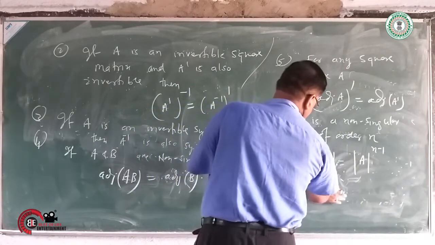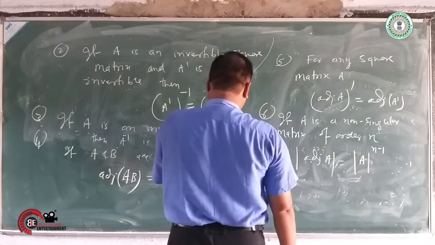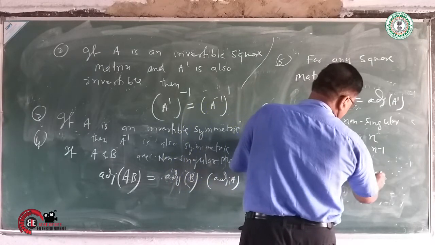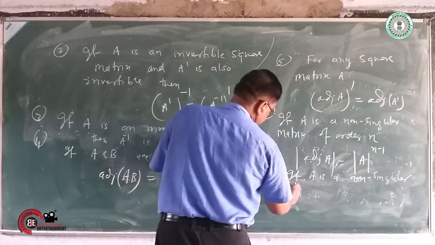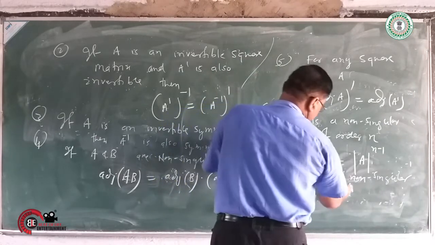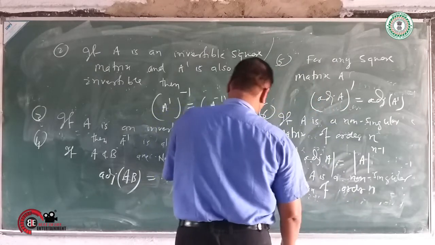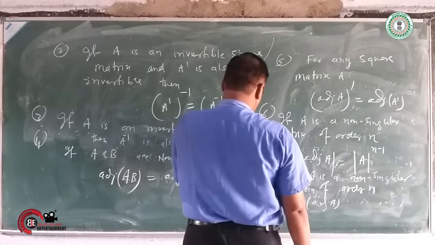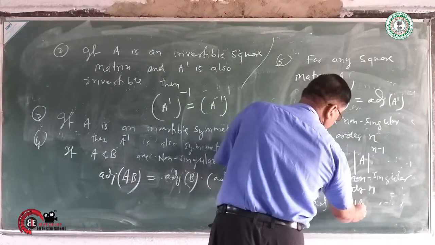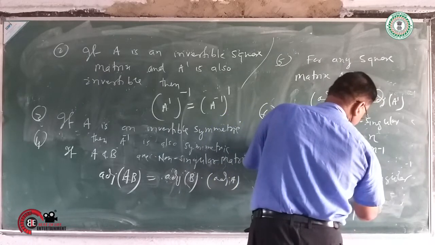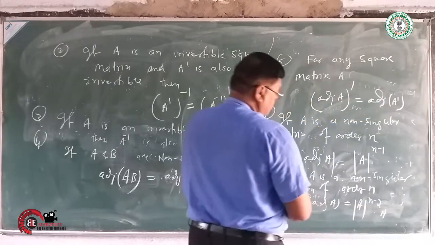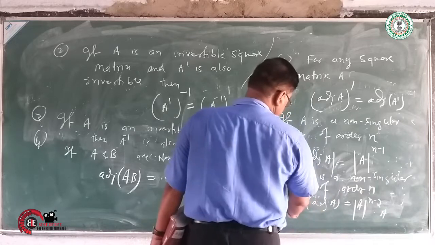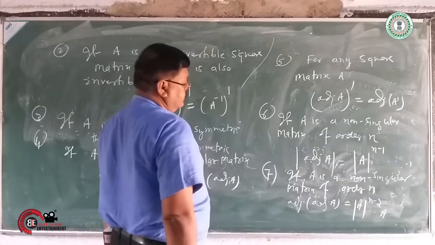Last, property 7. If A is a non-singular matrix of order n, then adjoint of adjoint A is equal to determinant A to the power n minus 2 into matrix A. These are the properties.